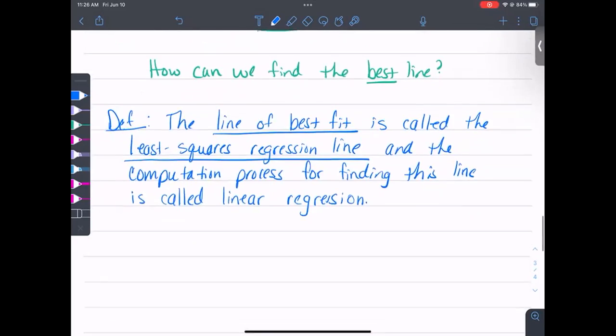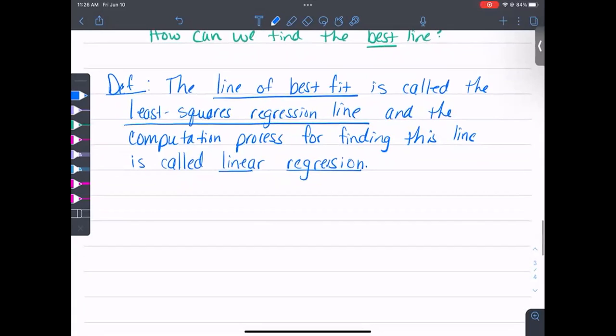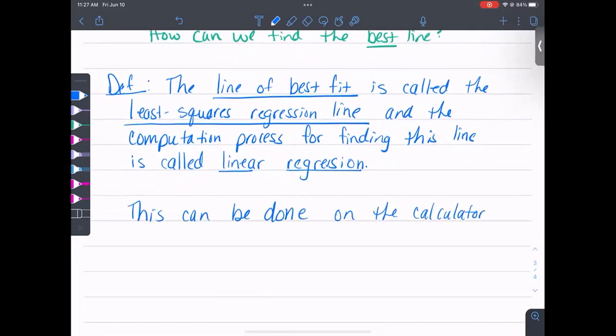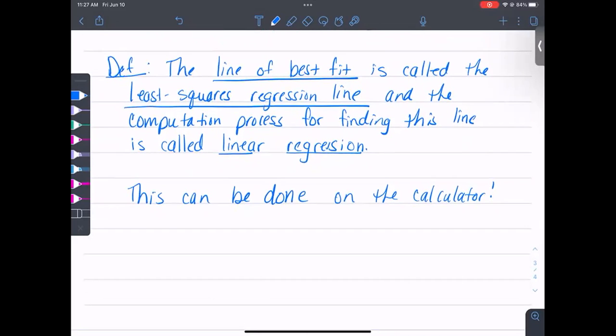So to do linear regression by hand means you repeat the process that we just did for those first two lines for every possible combination of the points that you have in your table. But this can be done on the calculator. The calculator has built-in functionality to go through and create all of those regression lines, and see which one is the best fit.